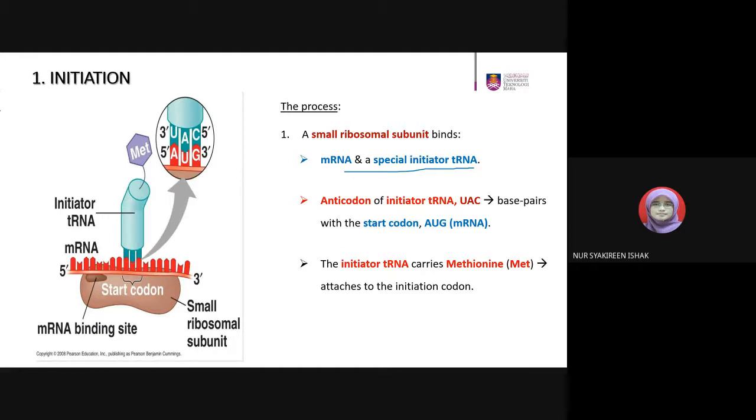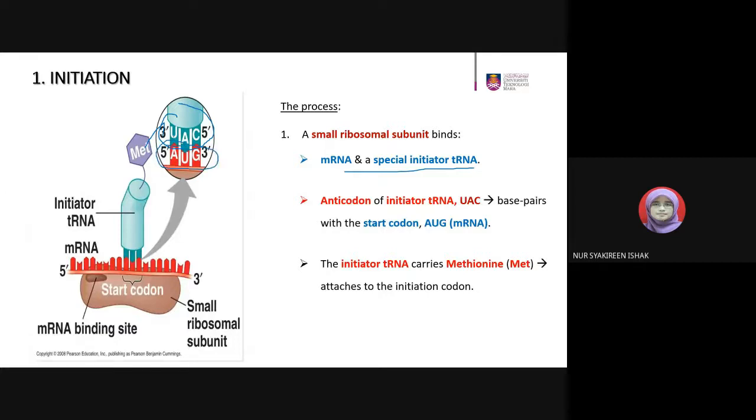So the anticodon will read UAC. Okay, UAC here. The anticodon of the initiator tRNA, which is UAC, base pairs with the start codon, which is AUG on the mRNA. So AUG is the start codon.